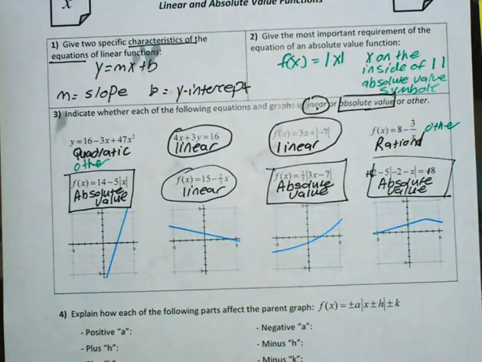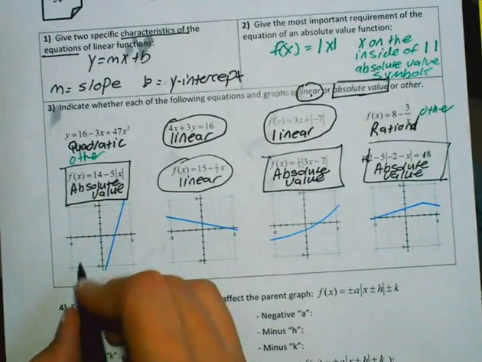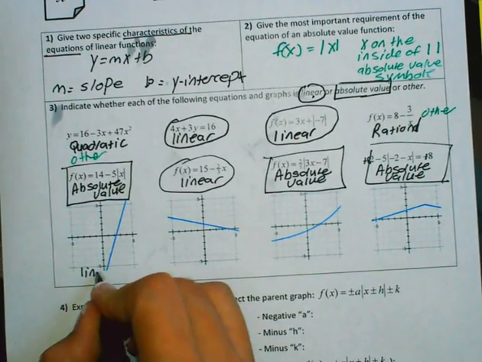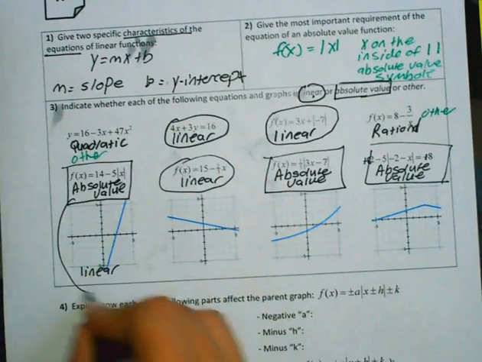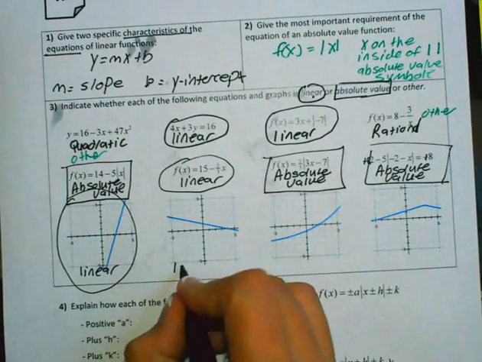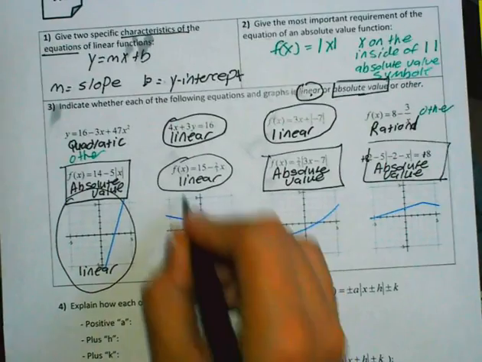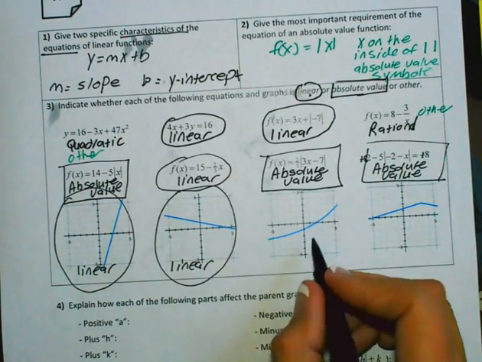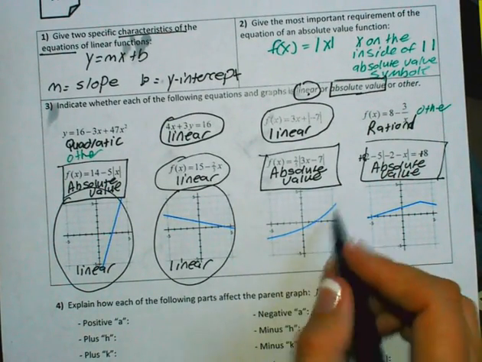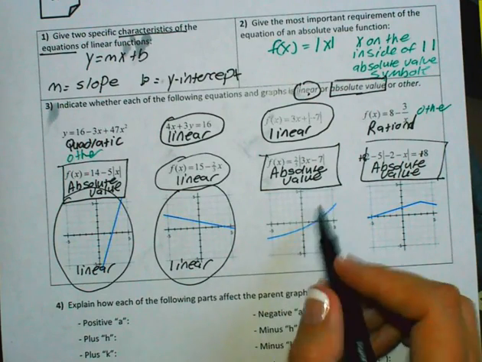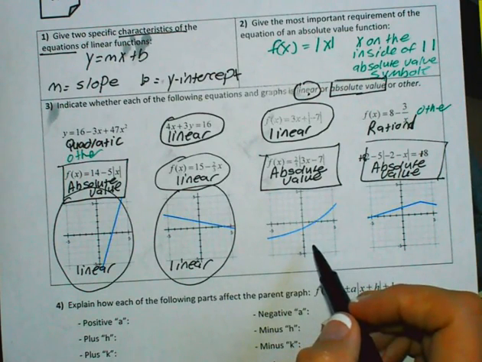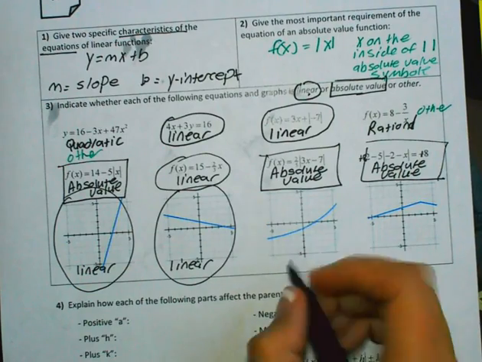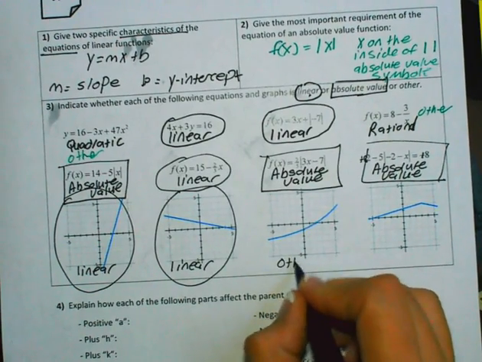Okay, moving on. See, this is a line, so this is linear. This is also linear. Okay. This is not a V, and this is not a line, so no, this is not linear. However, you can't tell what function it is, so we're just going to put other.